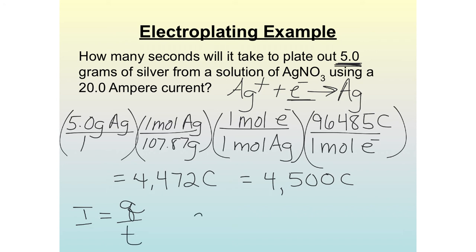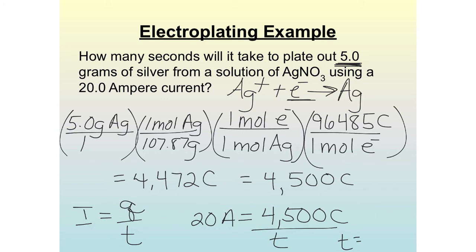My current is 20, the coulombs is 4,500, and T is what we are looking for. And so I get about 220 seconds.